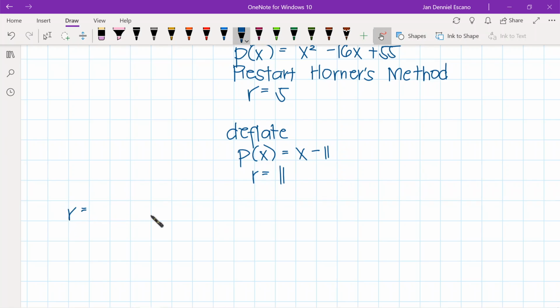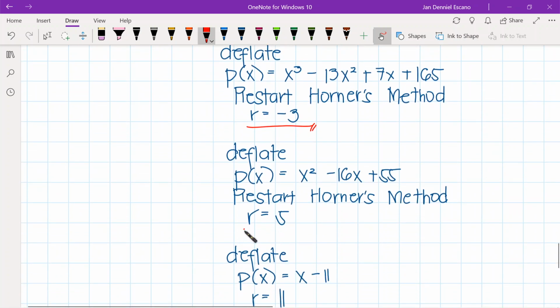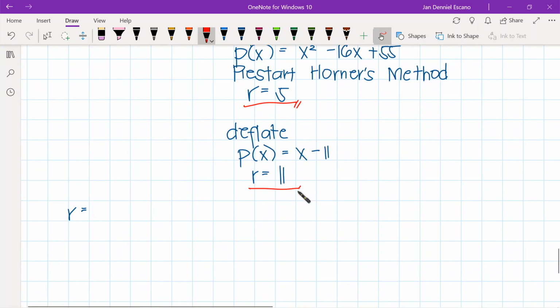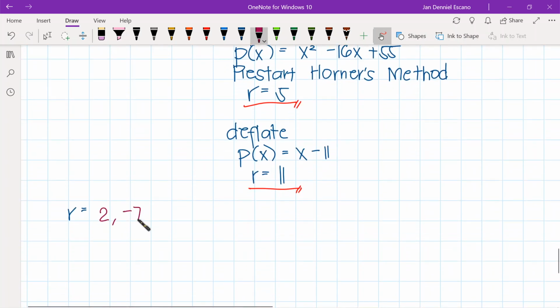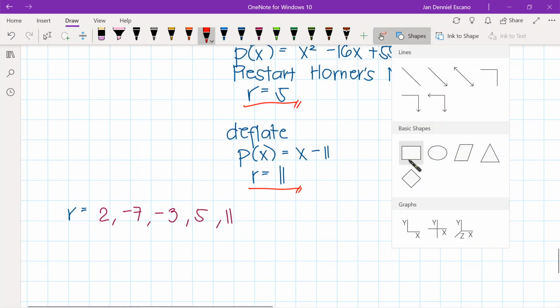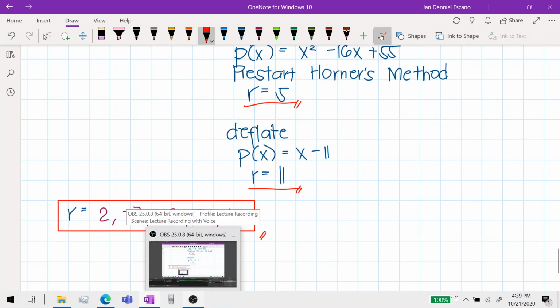So now the roots of your polynomial are, we just write them down. Your roots are 2, negative 7, negative 3, 5, and 11. So this is how you find the roots of a polynomial using Horner's method.